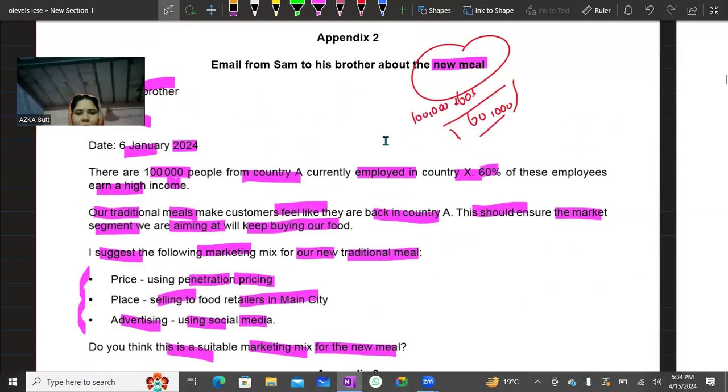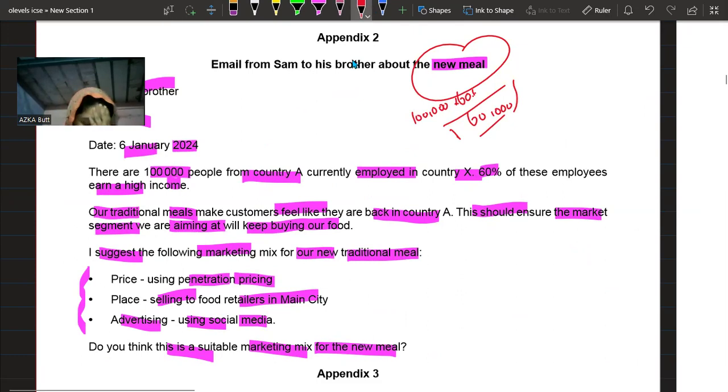So let's see the appendix 2, an email to his brother about the new meal. Okay, so the brother is basically the partner of Sam now.